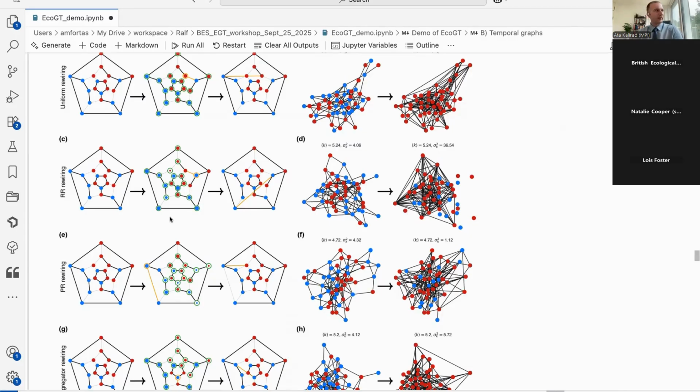So if you have one neighbor, you are less likely to receive a connection than if you have two neighbors. If you have noticed in these dodecahedron graphs, some of the edges I just randomly destroyed, simply because in the original dodecahedron you basically have no variance in degree distribution.